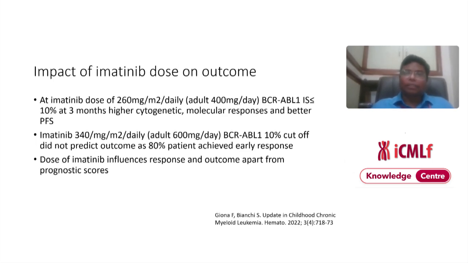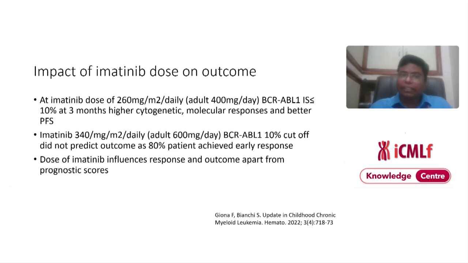Impact of imatinib dose on outcome. Different doses of imatinib have been used in pediatric CML patients. At an imatinib dose of 260 mg per meter square, which is the adult equivalent of 400 mg per day, patients who achieved a BCR-ABL international scale level of less than 10% at 3 months had higher cytogenetic and molecular responses and better progression-free survival.